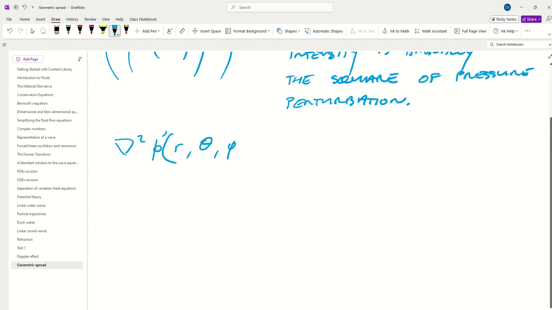We've got some coordinates for angles, we've got some time, and we've got the wave equation. We're going to just ditch these and remember that it is the perturbation pressure. We're just going to use P for my writing convenience.